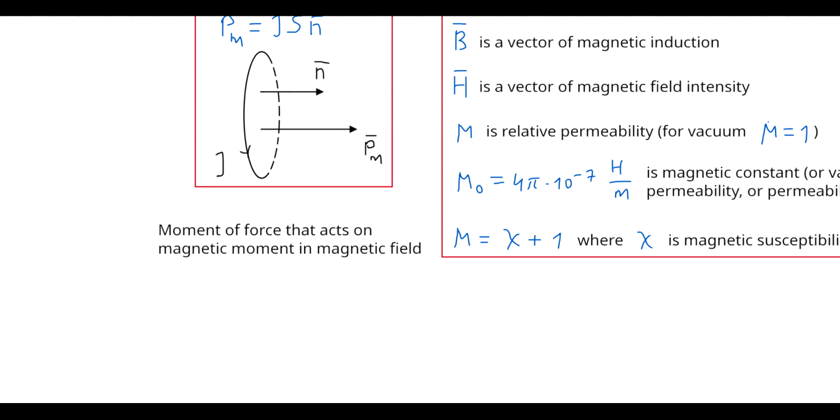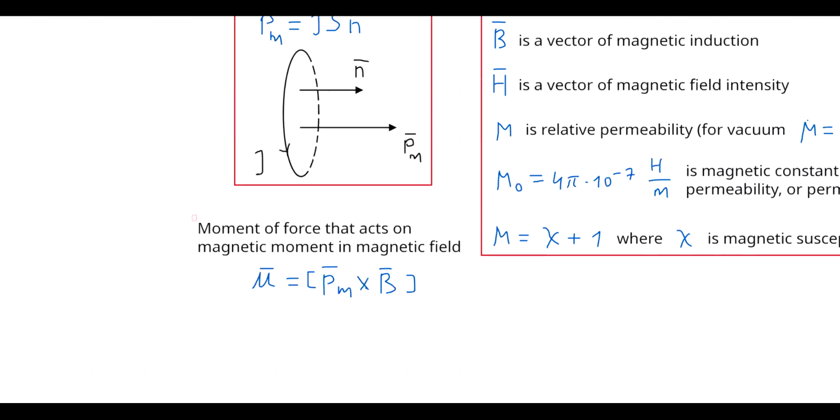According to this formula, the moment of force M is equal to Pm multiplied by B, the vector of magnetic induction. Okay, do you have any questions about this? No questions.